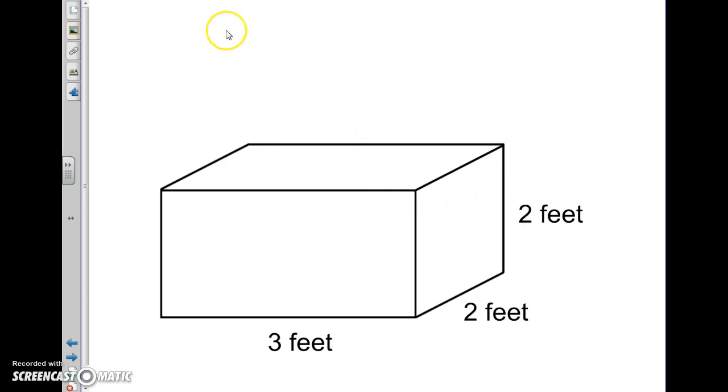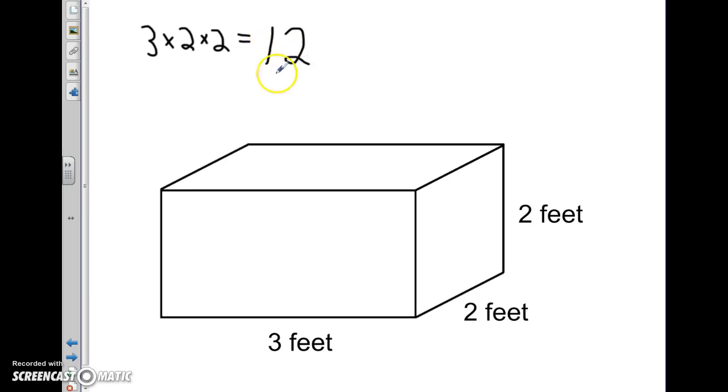So the formula for finding volume is length times width times height. So we will look at that. We'll go ahead and do the length, which is 3, times the height, which is 2, times the width, which is 2. And that will give us 3 times 2, which is 6, times 2, which is 12.